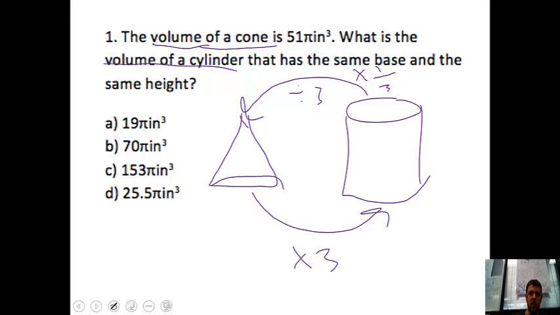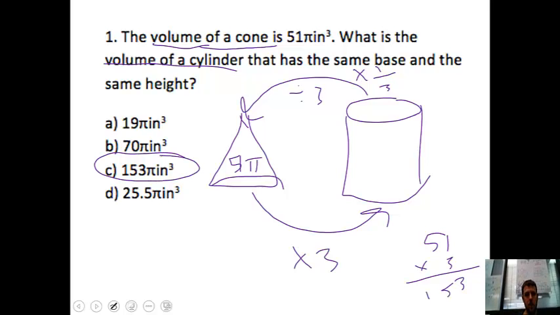So if they tell us that the volume of the cone is 51 pi, then all I have to do is multiply by 3. So 51 times 3 is 153 pi.